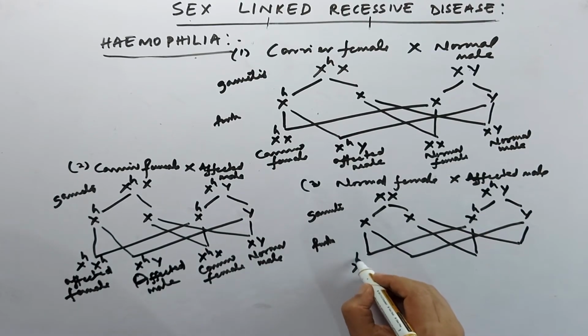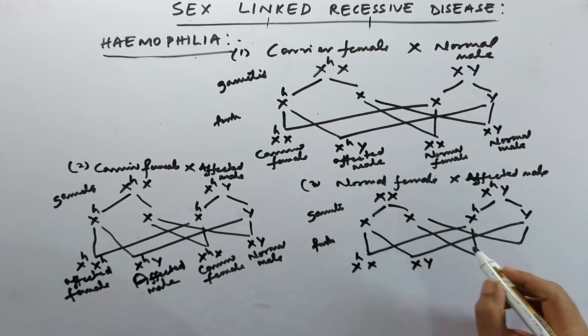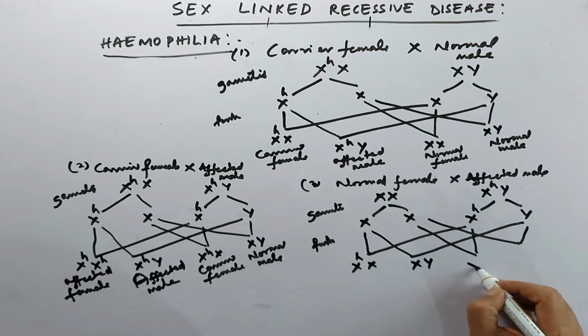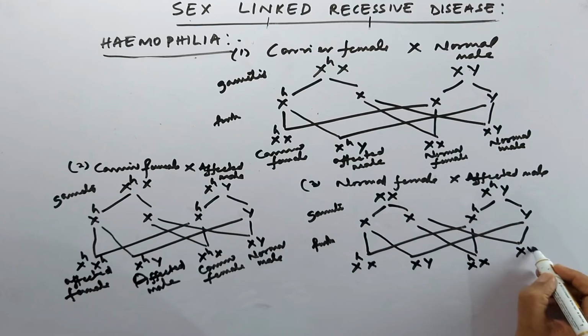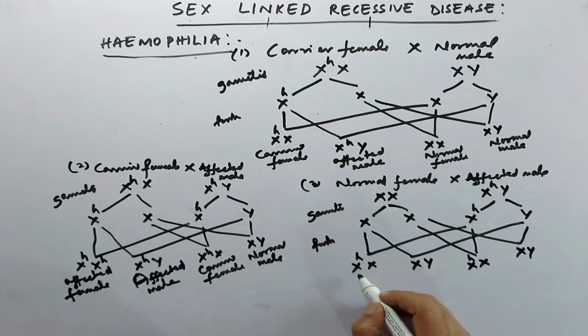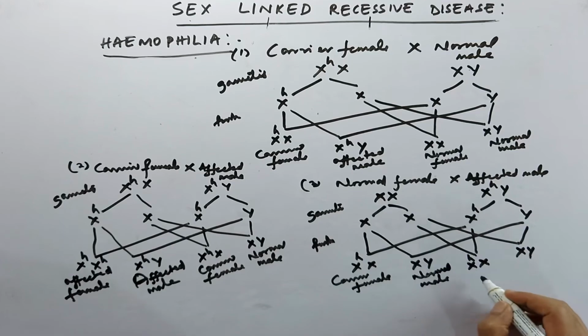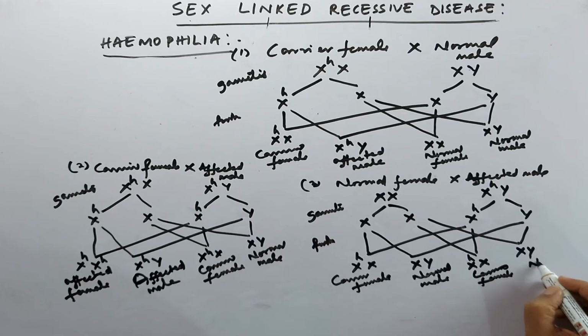So this is XHX, XY, XHX, and XY. So here we find a carrier female, a normal male, a carrier female, and a normal male.